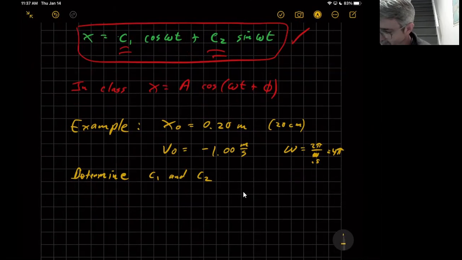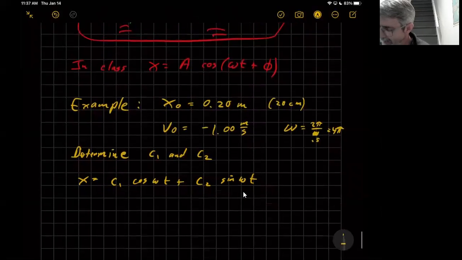Now, we know that x is equal to C1 cosine omega t plus C2 sine omega t. And we're told that at time 0, x naught equals 0.2 means that when t equals 0, x is equal to 0.20.